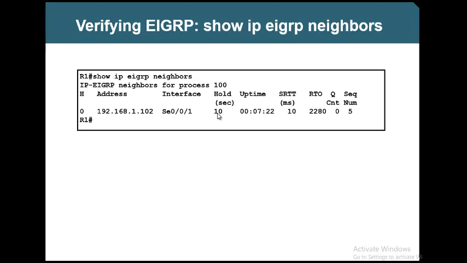EIGRP sends a hello packet every 5 seconds, and the hold time is 15 seconds. So the countdown will be 15, 14, 13, 12, 11, and then already 5 seconds have gone, and the hello packet from the neighbor will come.